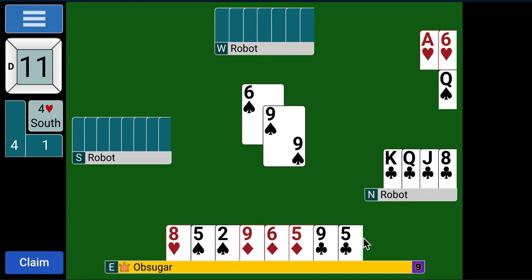We also had to work with timing. Instead of, hey, I figured out he's got a singleton, I'll give him a rough, we were able to go that extra mile and realize that we needed more than that. We needed more than our king of hearts, ace of clubs, and a rough. We needed a fourth trick to set. And we know that the diamond wasn't going away, so we decided to take the spade.